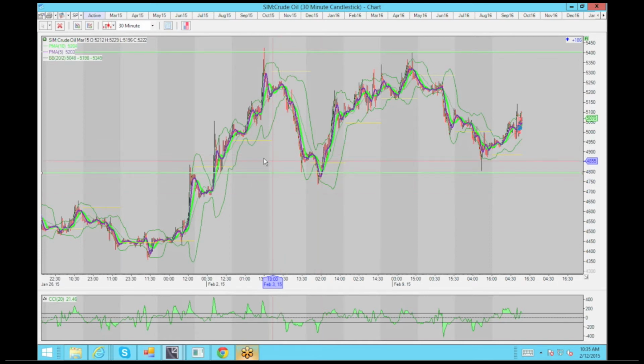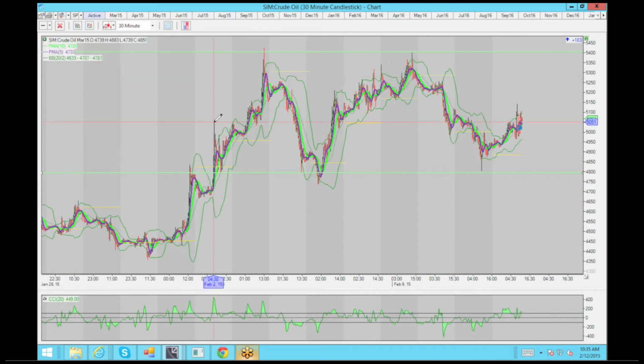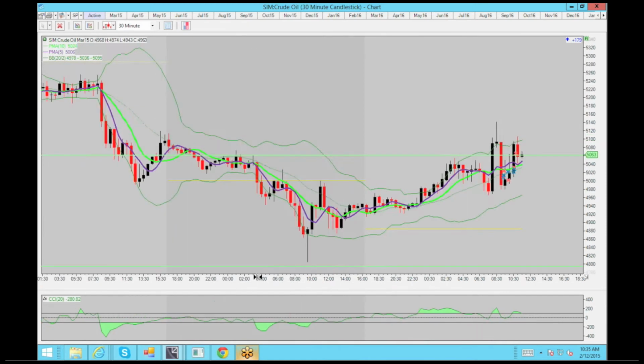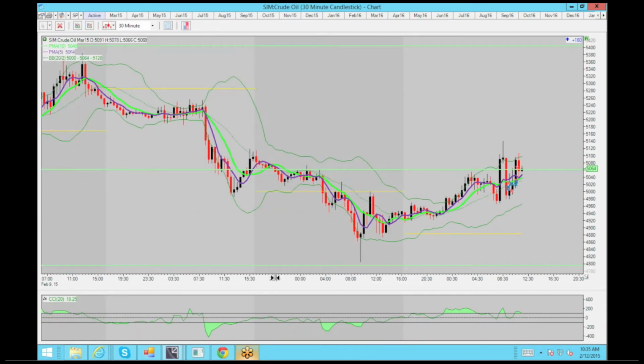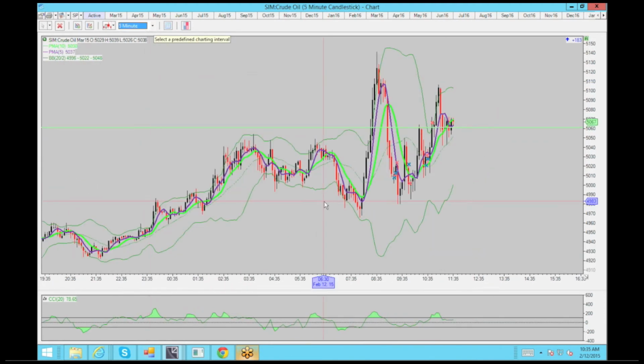But for me, that's my range right now on crude. And then I probably would have a midpoint somewhere in that range right there. That's typically how I'll draw my charts, is looking just like that on a 30-minute. And then I'm looking at a 5-minute and determining my trends.